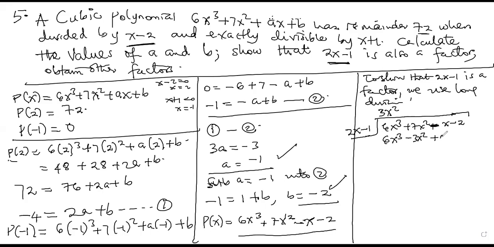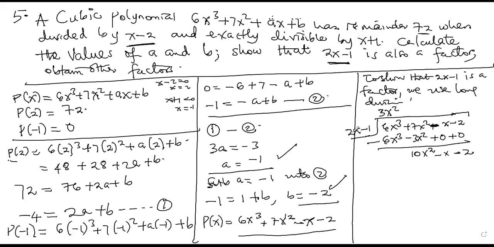We don't have a component here, 0, and also here, 0. When you subtract this, 6x cubed minus 6x cubed, that is 0. 7 minus negative 3 is going to be 10x squared. Minus x minus 0, that is minus x, minus 2 minus 0, that is minus 2.